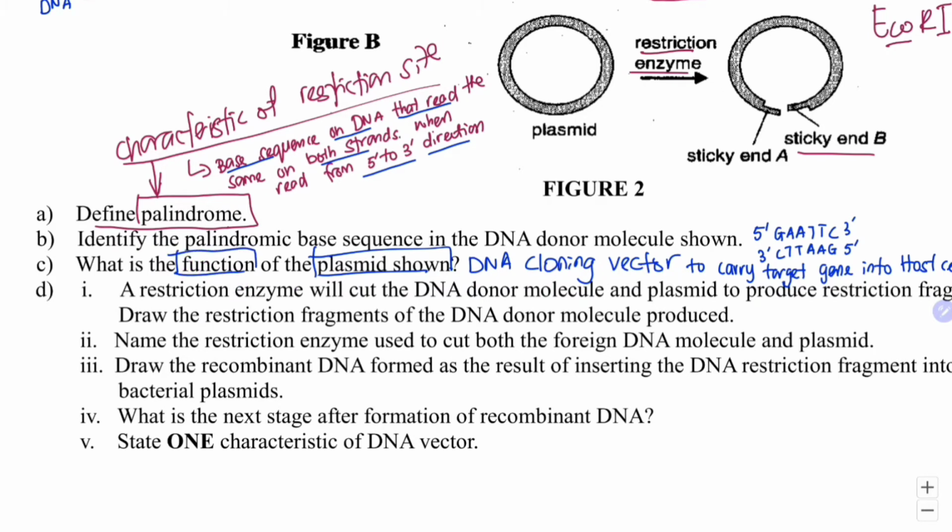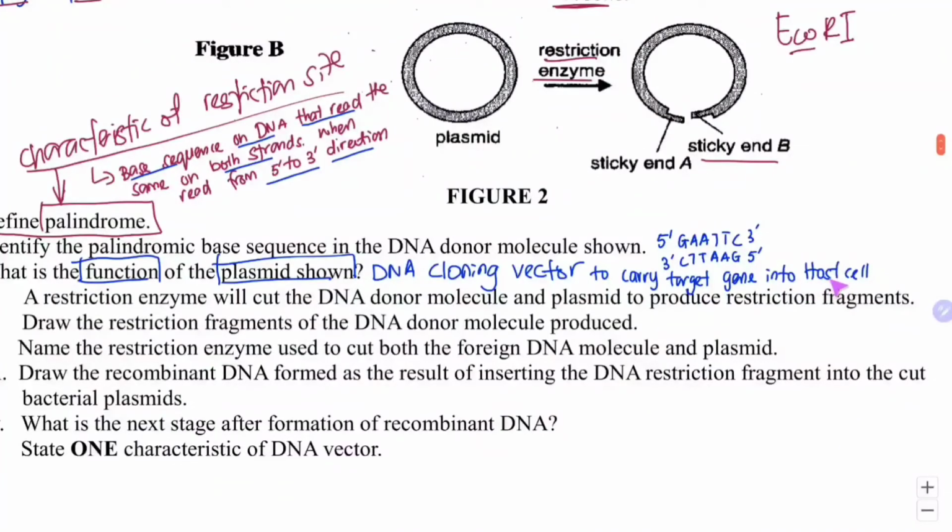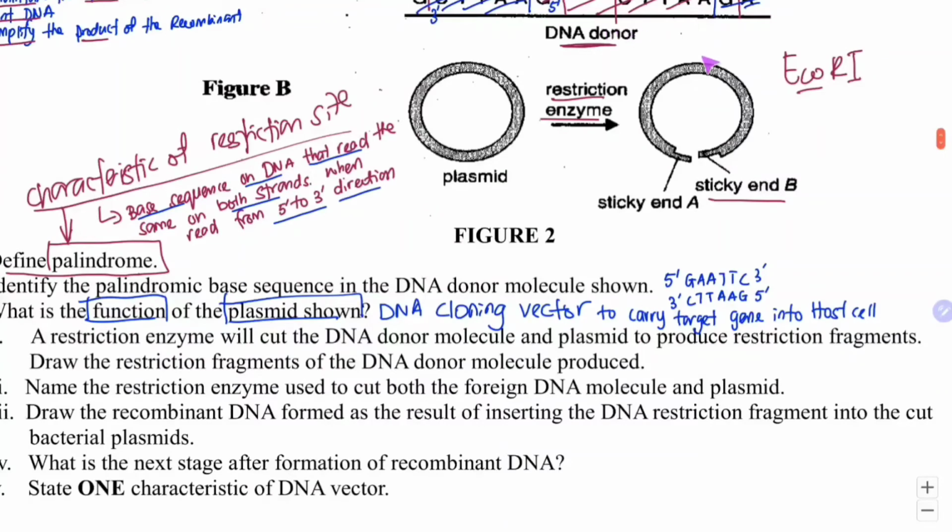Tapi soalan ni kata function, apakah fungsi plasmid? So fungsi plasmid is DNA cloning vector that will carry the target gene ataupun the gene of interest into the host cell. So dia yang akan bawa donor DNA tadi untuk masuk ke dalam host cell. So itu baru function.